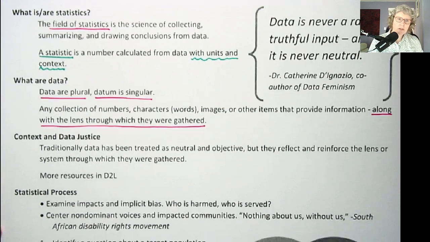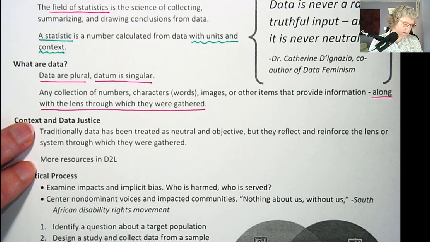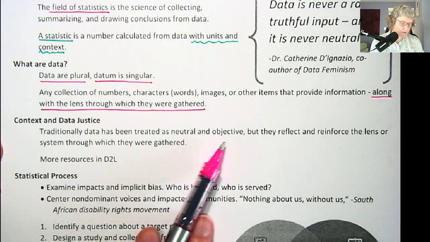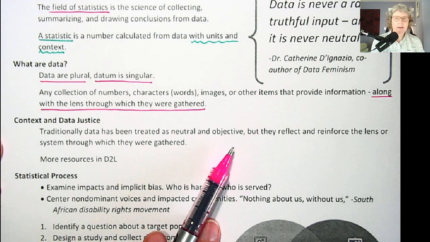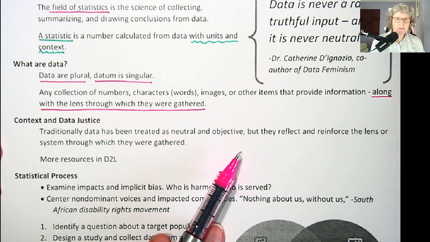And more along these lines, there's a field, or subfield of statistics, called data justice. Traditionally, data has been treated as neutral and objective, and data have even been used to reinforce stereotypes and have caused harm.